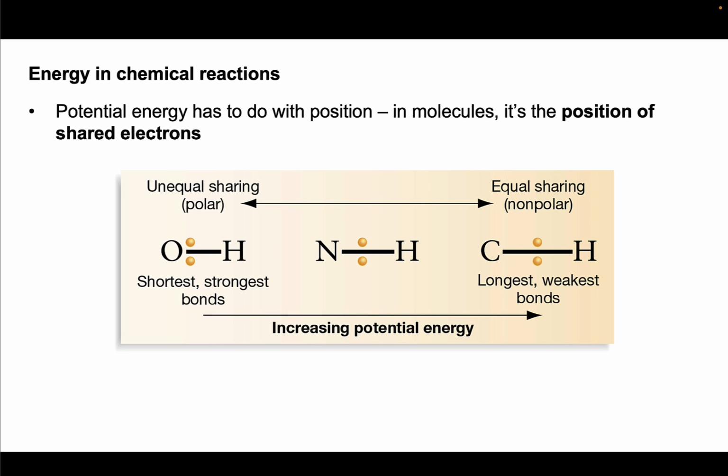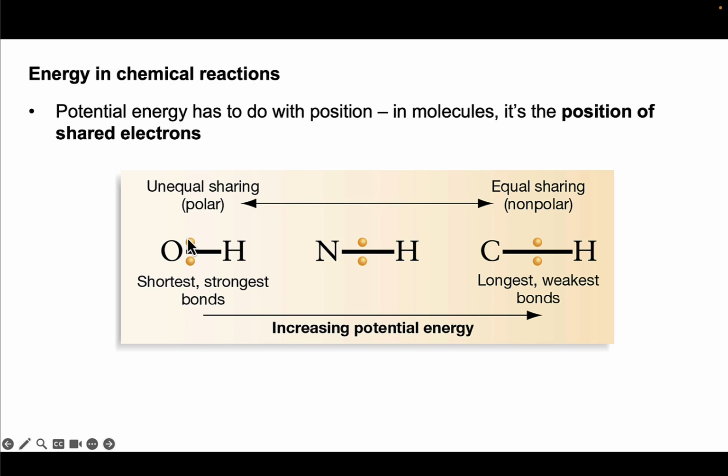Okay, so what does potential and kinetic energy look like inside a cell? Potential energy has to do with position, right? The top or bottom of a waterfall. But in molecules, it's the position of shared electrons. So let's take a look at this image here, which is depicting different types of covalent bonds.